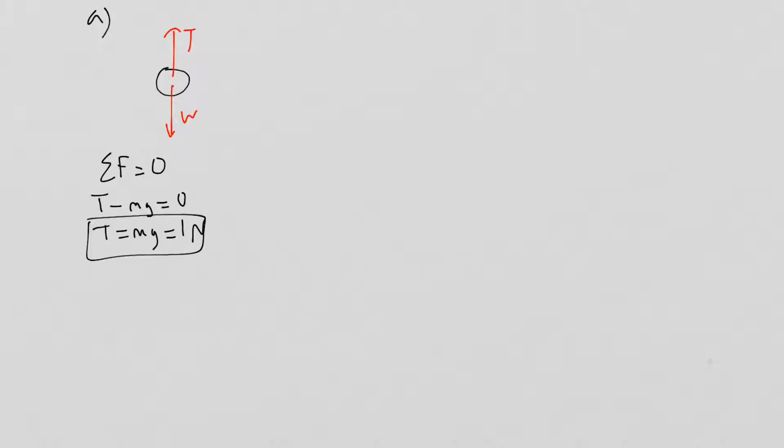Okay, so there's part A. In the other parts, we're not going to change the forces, we're just going to change their magnitudes and directions based on the motion that's described. So, part B, we have our car like this, and it's attached right here, and there's the vertical line.